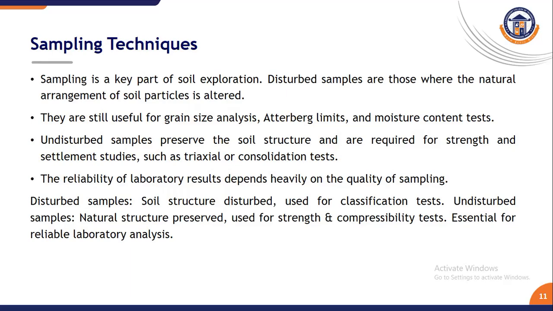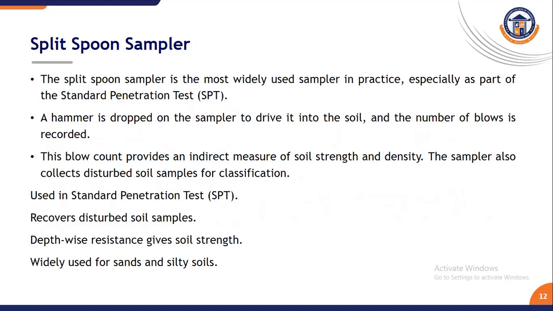Here, sampling is collected by two methods. The first is the split spoon sampler method and the second is the thin walled sampler method. The split spoon sampler is the most widely used tool, especially in the standard penetration test, or SPT. In this test, a hammer is dropped to drive the sampler into the soil and the number of blows is counted. This count gives an indirect measure of the strength and density of the soil.